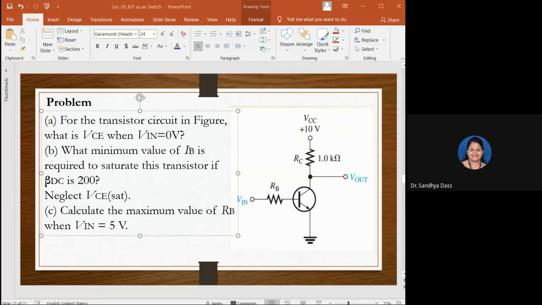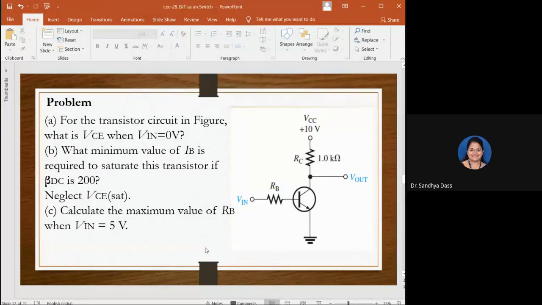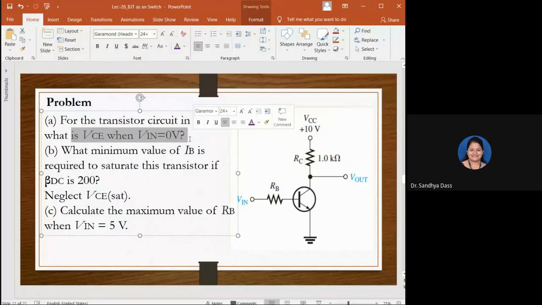As professionals, when you answer that it is 10 volts, it is correct, but you have to justify your answer.